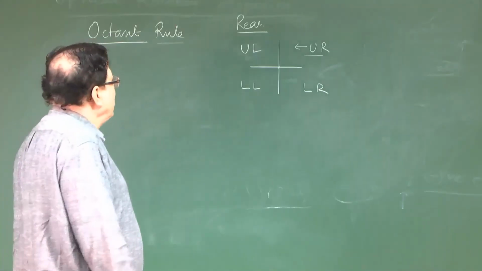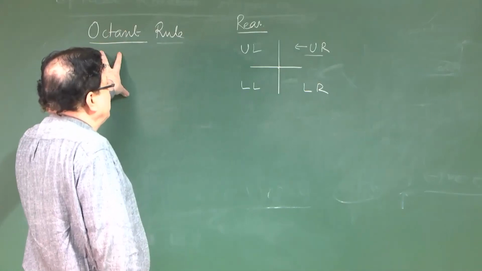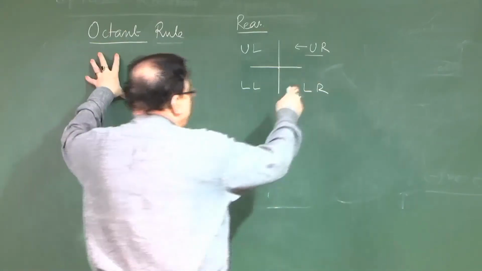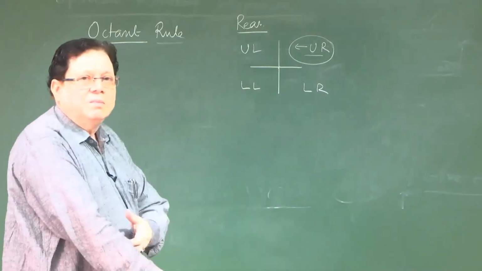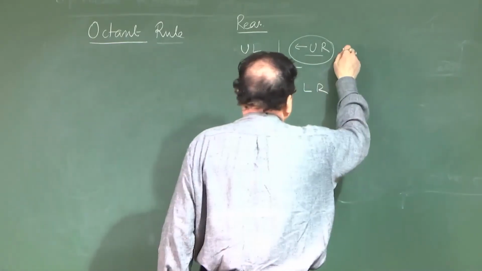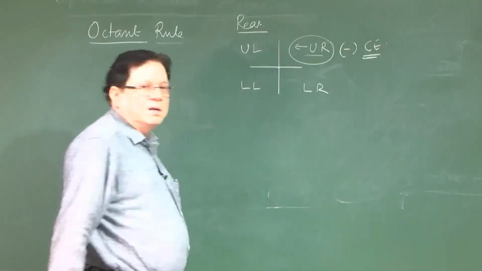Now, the octant rule says that if the substituents are occupying the upper right of the rear octants, then those substituents contribute in a negative fashion to the sign of the Cotton effect.